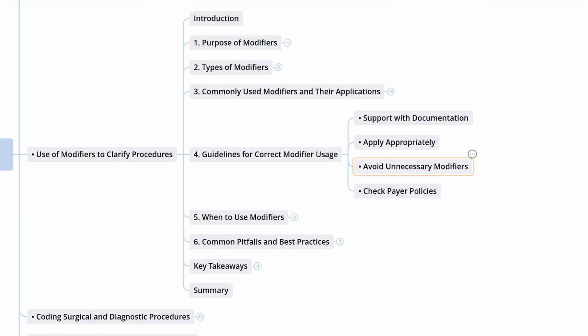Avoid unnecessary modifiers. Do not add modifiers that are not supported or not permitted as per guidelines. Check payer policies. Some payers limit or restrict modifier use. Verify with payer-specific rules.